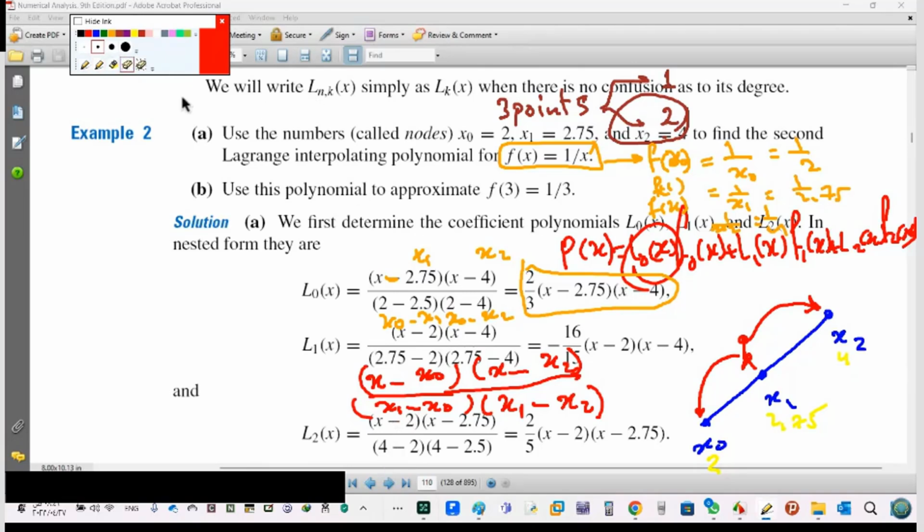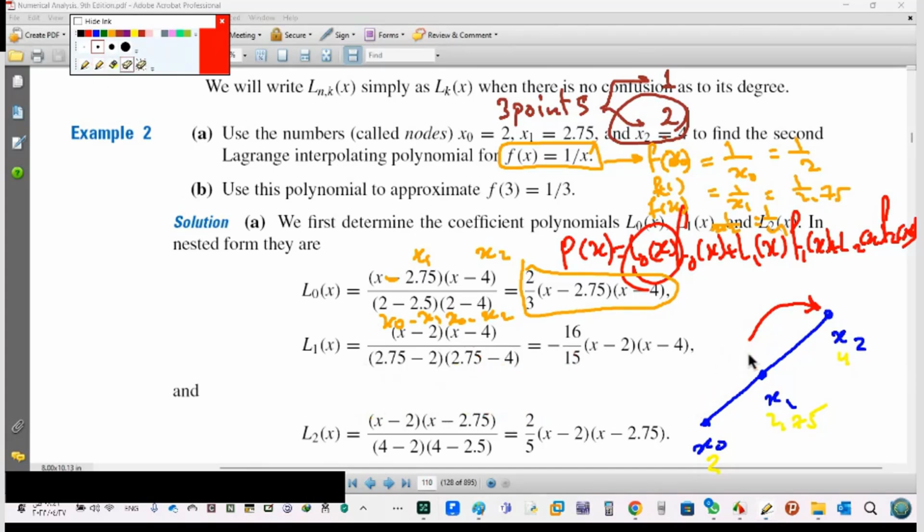Now, for the third point, you can, for example, fill the gaps after that. Don't forget, x here is a variable. So I am now here at this point, so I'm looking at this point and this point.